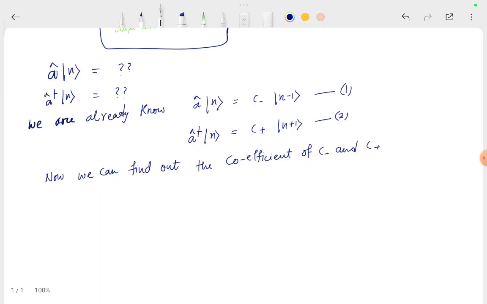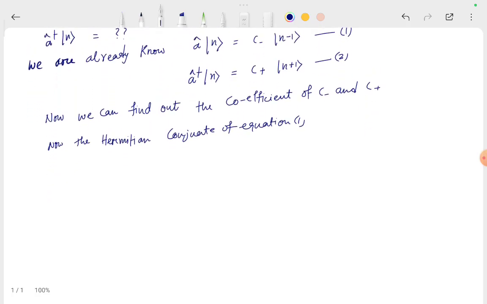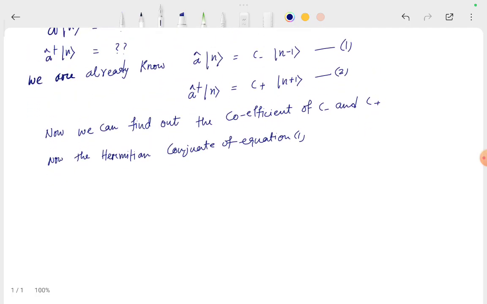Let us take the Hermitian conjugate of equation 1. If we take the Hermitian conjugate of equation 1, it means a cap n, cap dagger, c minus dagger, n minus 1 dagger.